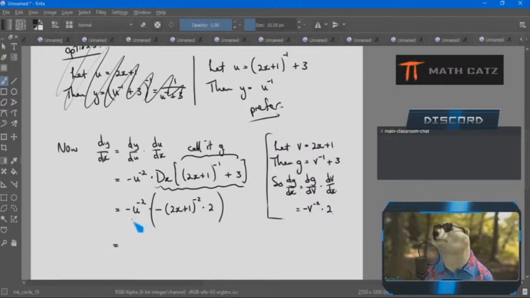I'm now sure of this answer. Yes, I still need to replace what the u is. U is up there. Doesn't look great. I agree. Nice big brackets. 2x plus 1 to the negative 1 plus 3 is negative 2. None of this looks good, but that doesn't matter as long as it's correct.